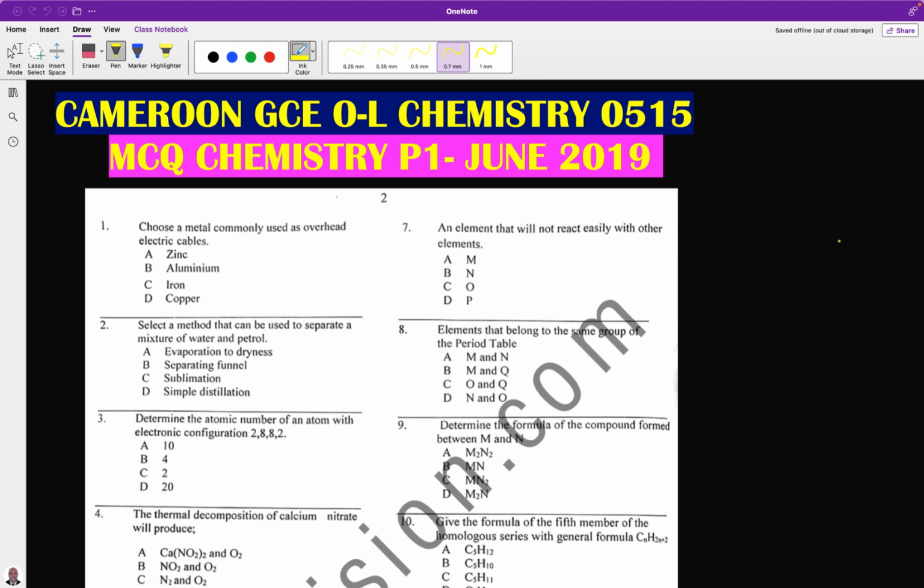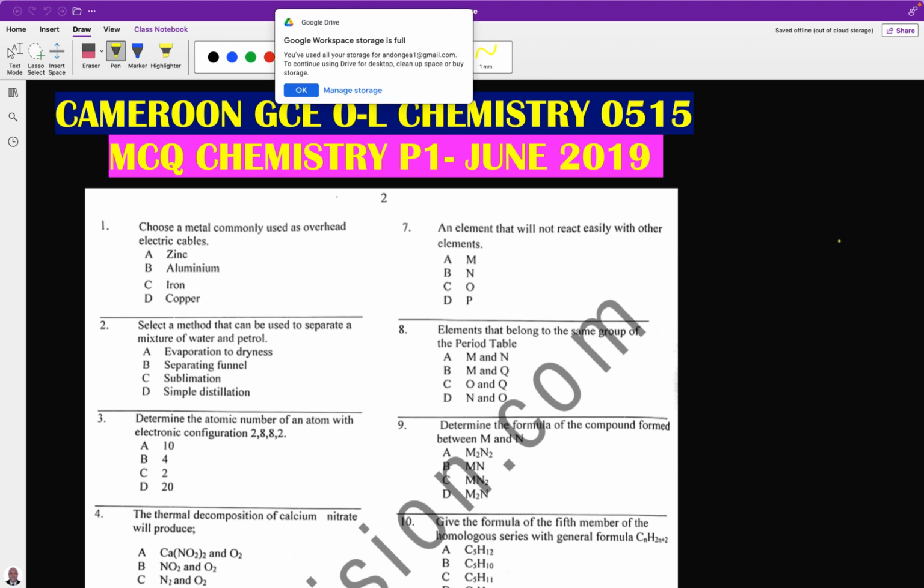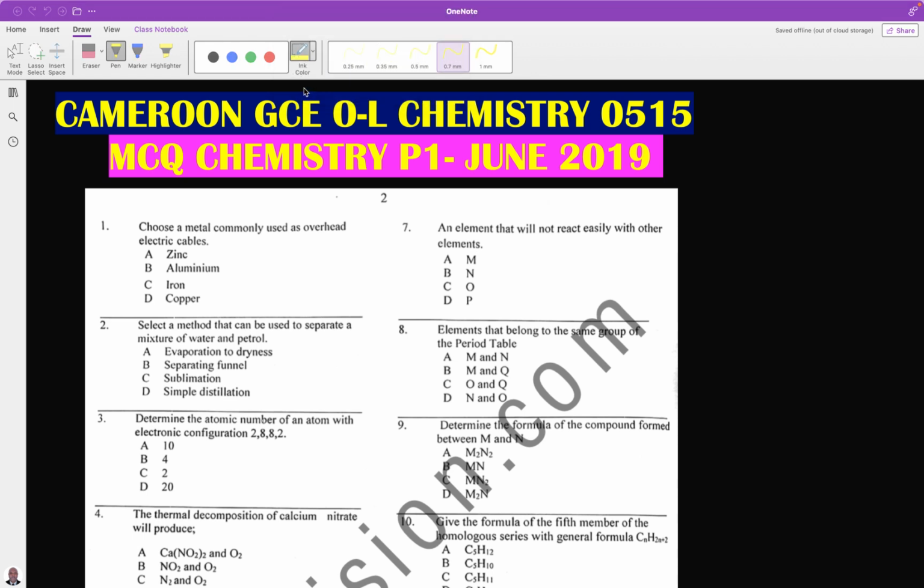You know that petrol and water are immiscible. For that reason, we cannot use simple distillation, and we can't use sublimation.